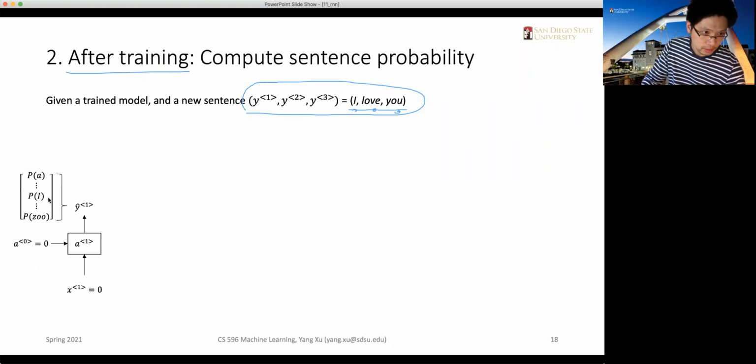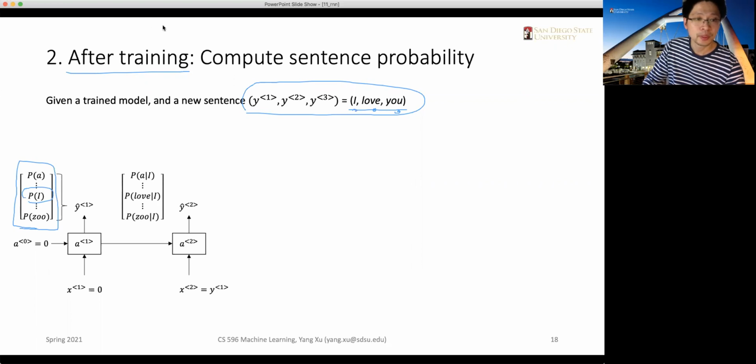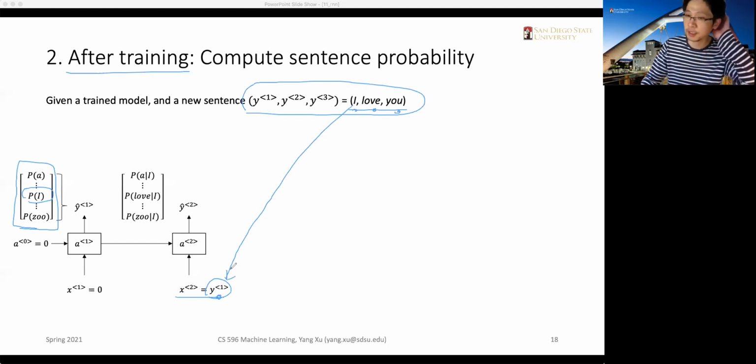So you see the first step, the model will output the probabilities for all the words in the vocabulary, including the word I, right? I put it here. And in the second step, the input is still the first word ground truth. It is the word I that we put in as input, okay?